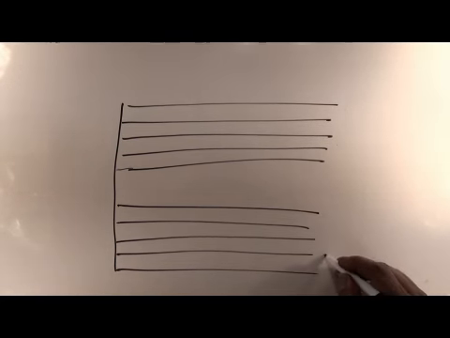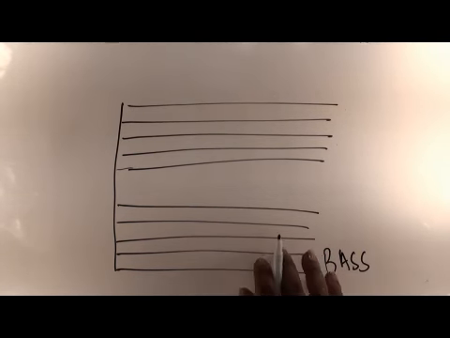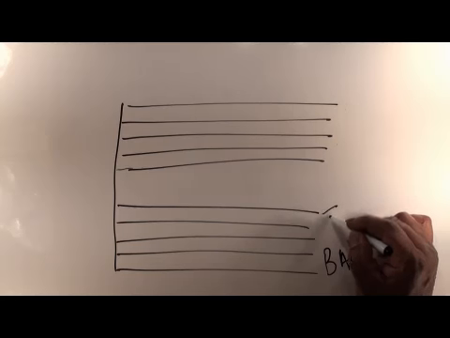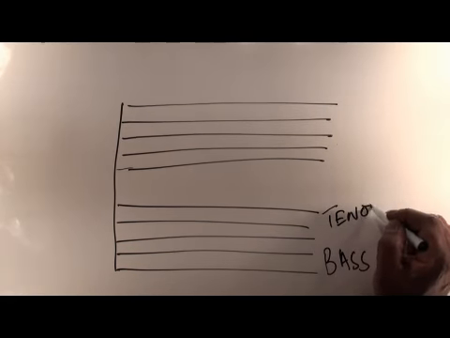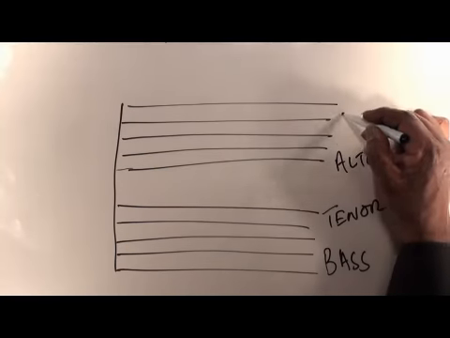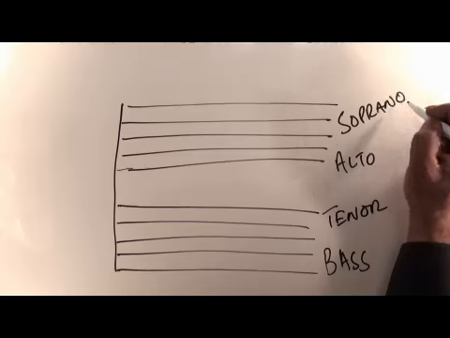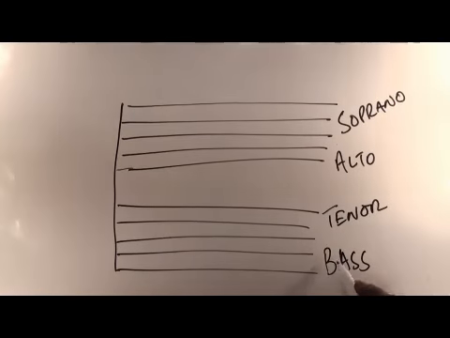The bass voices would be here at the bottom, the lowest voices, then the tenor voices, the alto voices, and the soprano voices right on top. Bass, tenor, alto, soprano.